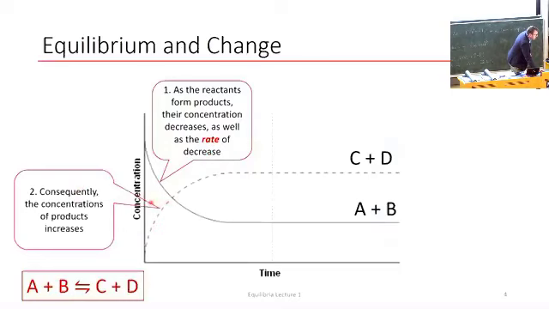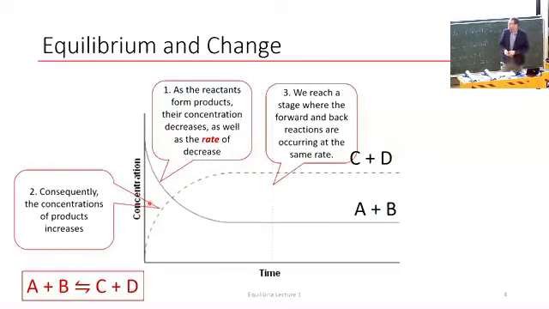Obviously, the concentration of products increases, and then we're going to reach a stage where the concentrations of both reactants and products stay the same. And this is what we call equilibrium. We reach a stage where the concentrations of the system don't change. So we have a system, a human body or a reaction vessel or an ocean or whatever our system happens to be, and we're looking at the concentrations in that system and they're not changing.